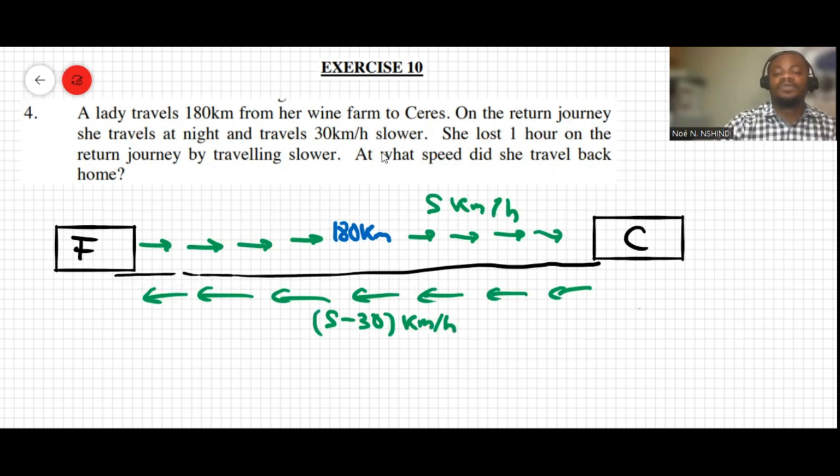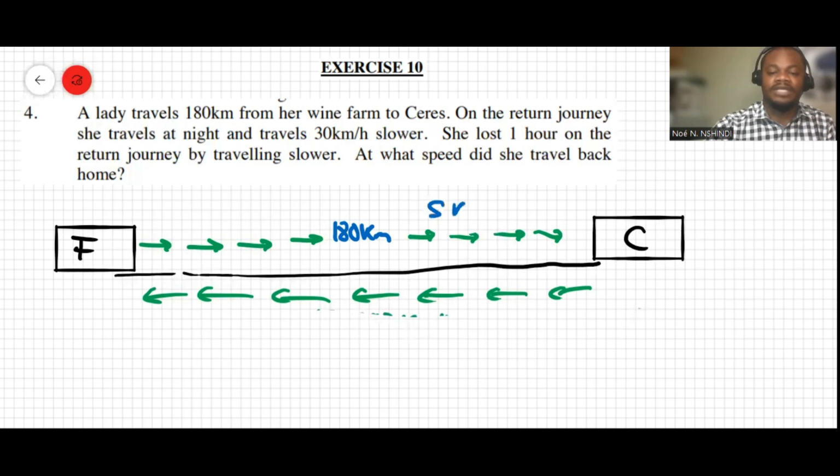Okay, and then the question said that she lost 1 hour on the return journey by traveling slower. So if I say that was s kilometers per hour, and then there it will be s minus 30 kilometers per hour.